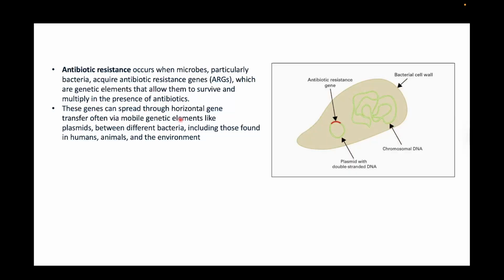These genes can spread through horizontal gene transfer, often via mobile genetic elements like plasmids present inside the bacteria, between different bacteria, including those found in humans, animals, and the environment.